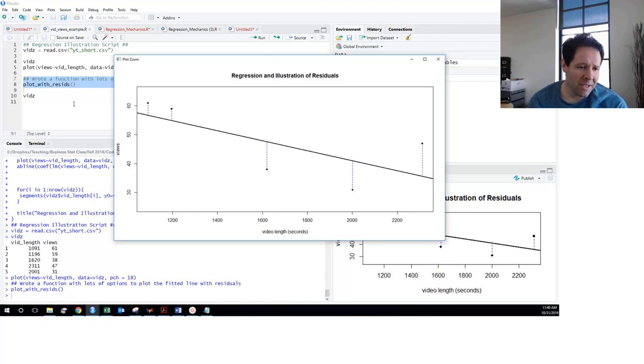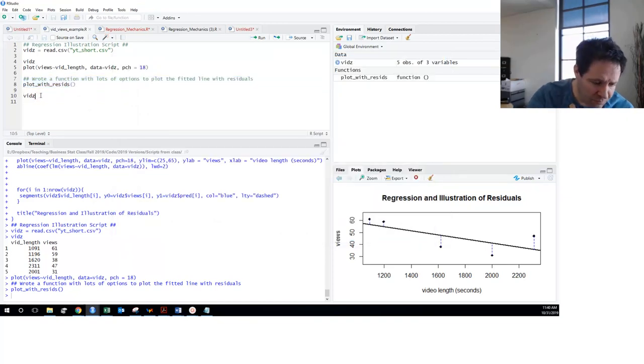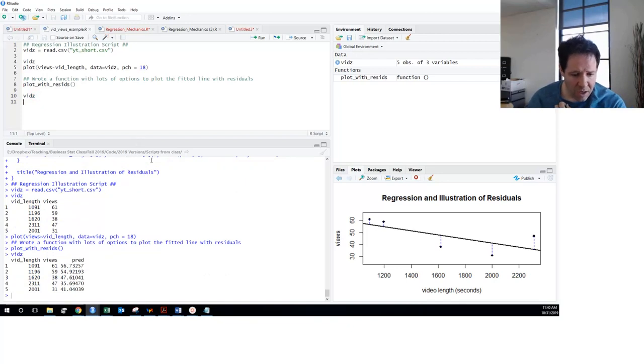Now, something else to point out is, under the hood, what did my function do? Well, my function actually computed the prediction for each of these observations. So for that first observation, our best prediction was that it was going to have 56.7 views based on that best fitted line.